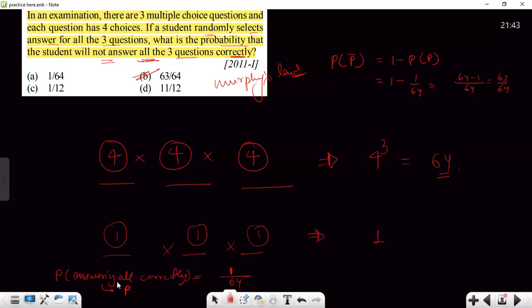See, we need to find the number of ways in which he will not answer three questions correctly. So just the opposite of answering all the questions correctly. So we first find the probability of answering all the questions correctly and then subtract it from 1. Clear? Yes, sir.